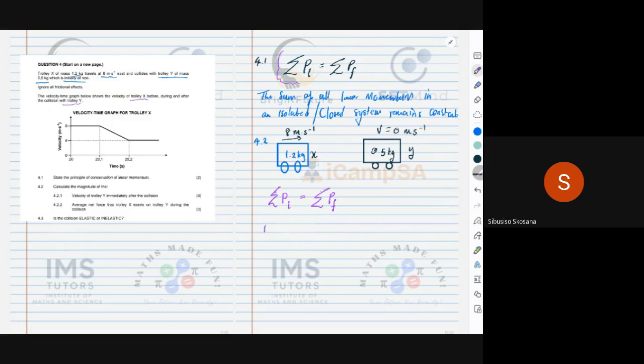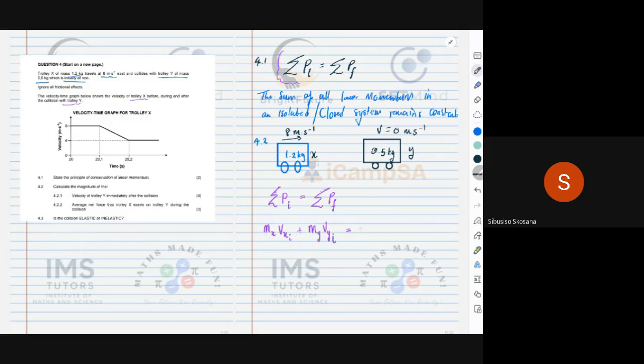So let's say mx vxi plus my vyi, not vx, vy, I. So mass of y, velocity of y, mass of x, velocity of x initially.